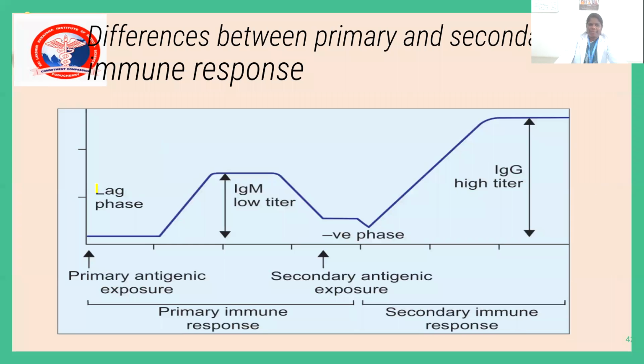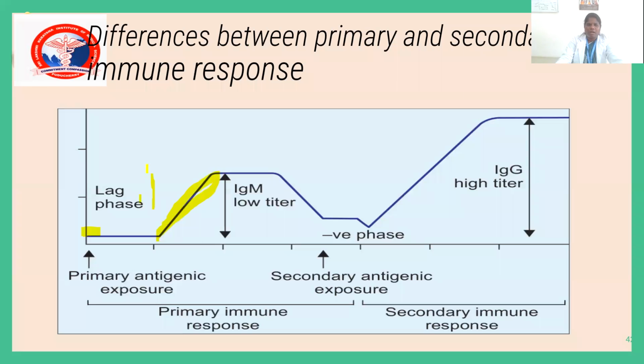So this is the primary and secondary immune response. Here, this is the phase called the lag phase. Once the antigen is exposed, the antigen starts stimulating the immune cells, the T or B cells. So it takes some time to get activated. Once it is activated, the B cells produce plasma cells producing IgM.